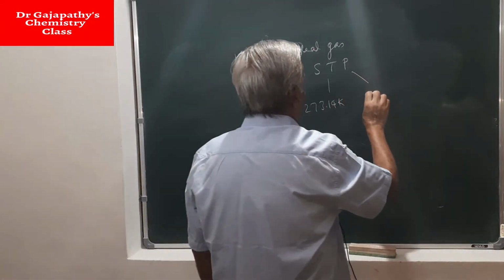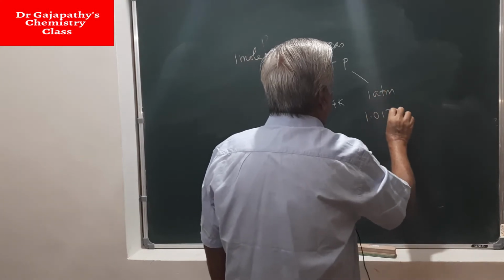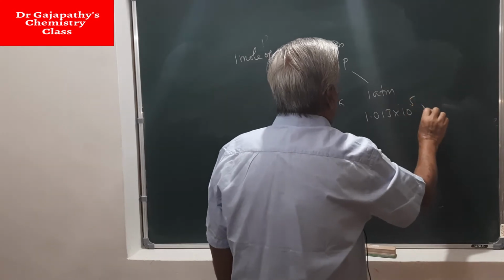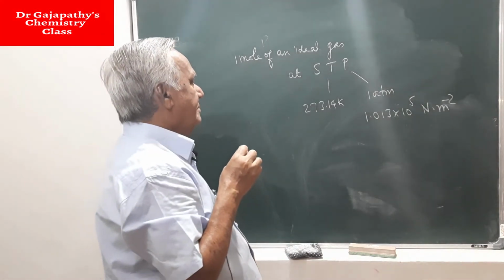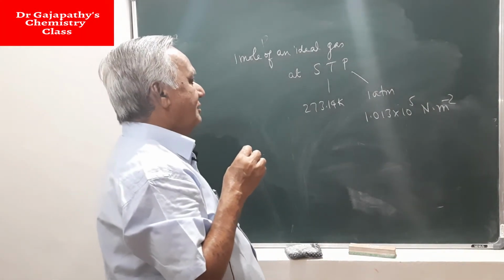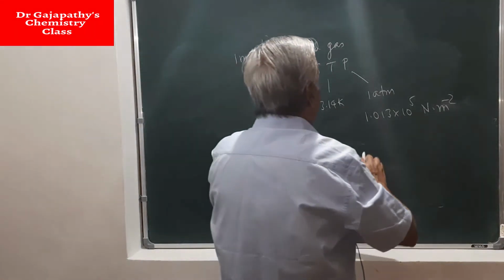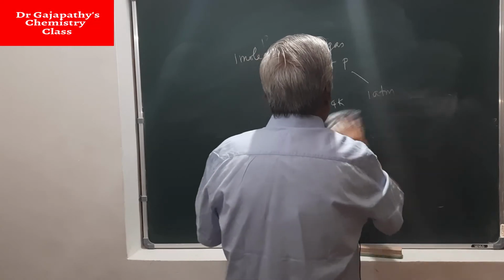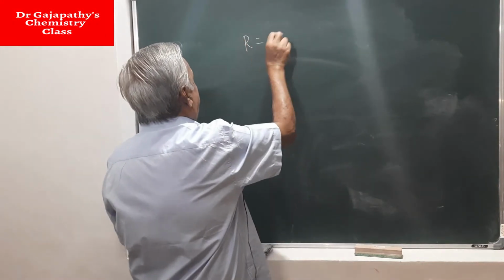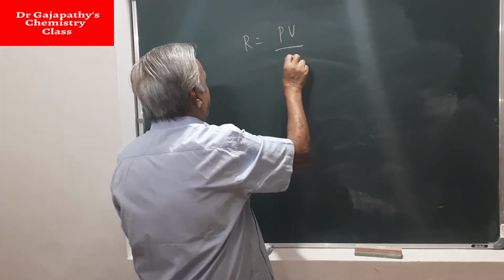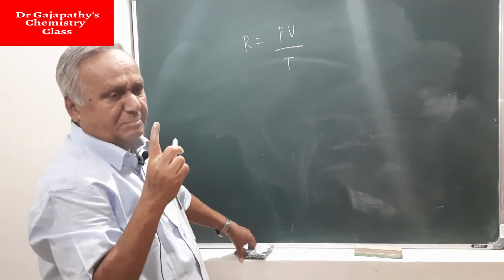Standard pressure is 1 atmosphere, which is nothing but 1.013 into 10 power 5 Newton per meter square or pascals. So using these values, let us calculate what will be the value of R. I said that R equal to PV by T. I have taken 1 mole of a gas at standard temperature and pressure.